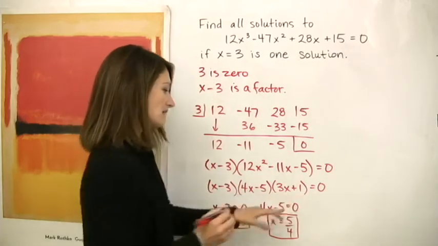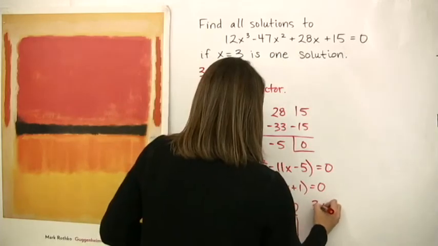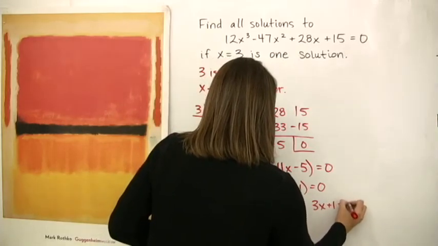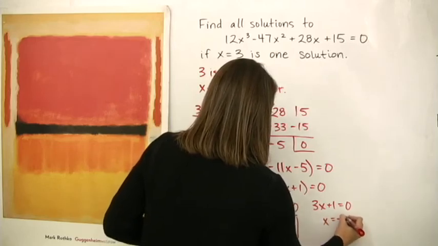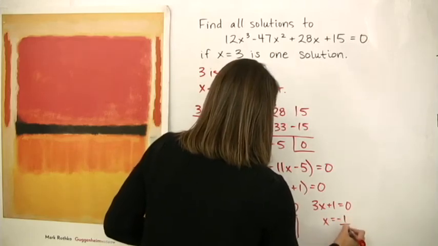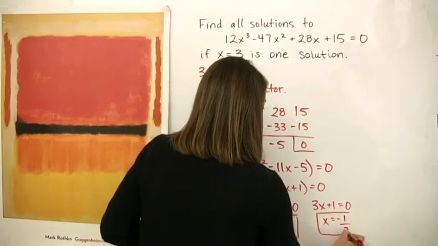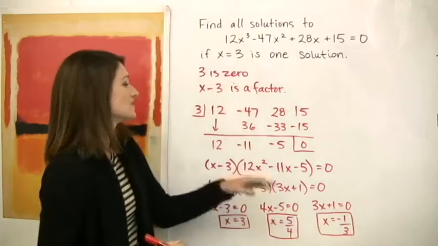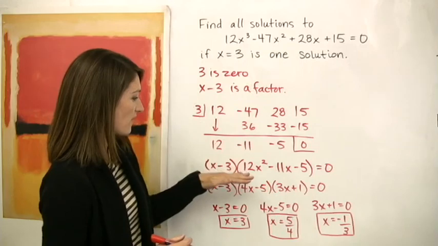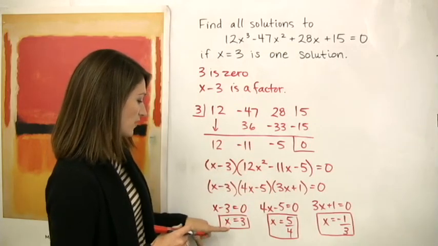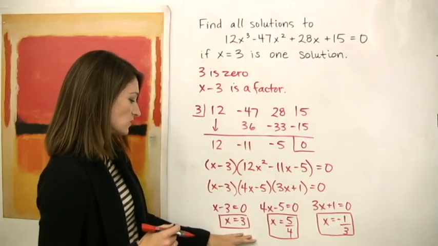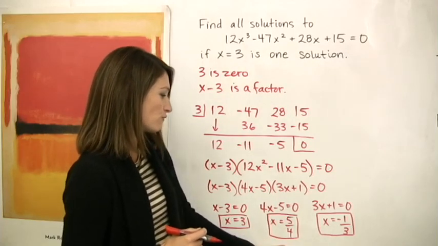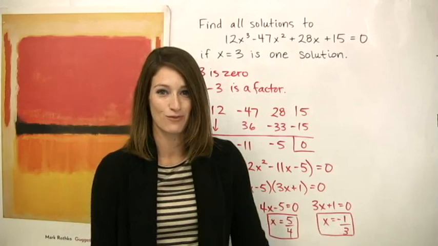Now let's set 3x plus 1 equal to 0. Solve for x, and you get x equals negative 1 over 3. So using synthetic division and then finding our factors, simplifying, we've got three solutions here to this polynomial equation. We have x equals 3, x equals 5 over 4, and x equals negative 1/3.